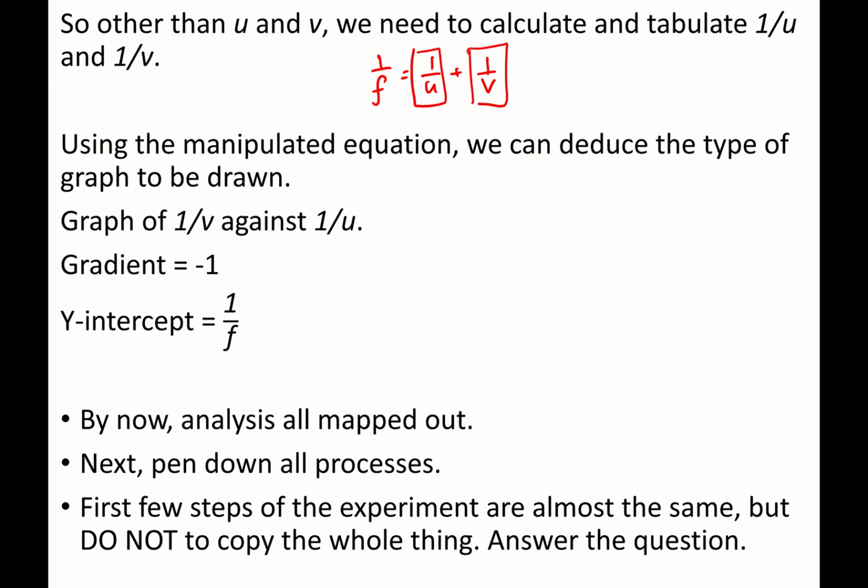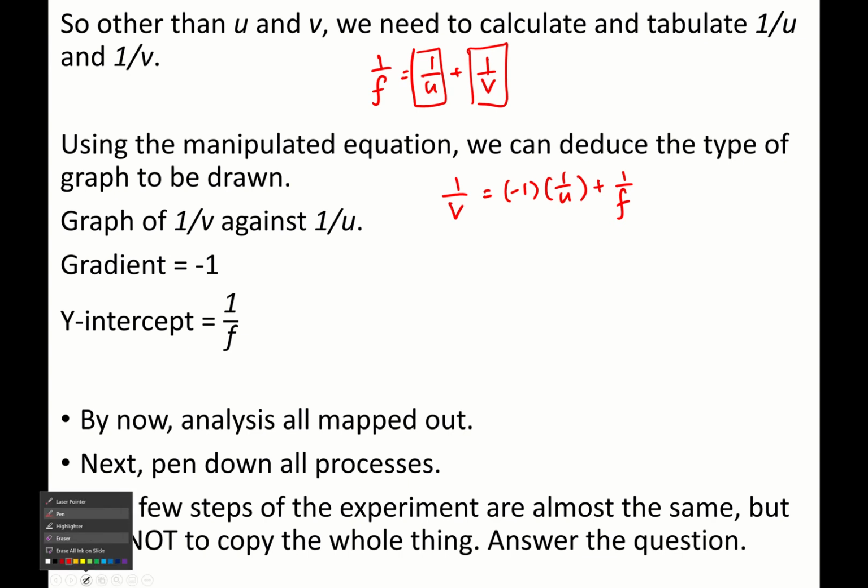And when we manipulate the equation, we get this. So using the manipulated equation, we can deduce a type of graph to be drawn, and that is 1 over v against 1 over u. And I emphasize again, this is y equals mx plus c.